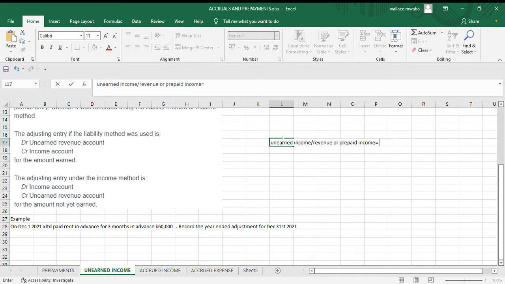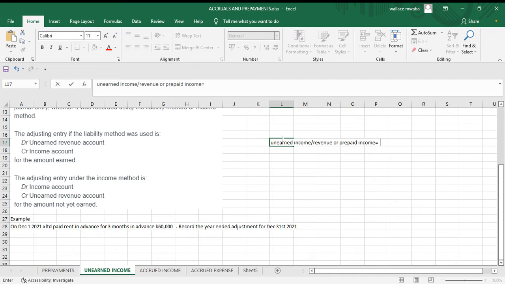This is when we receive money in advance for the goods and services that we give to our customers. Now, this money which we receive in advance is a liability to us, because if something had to happen, we're going to owe our customers the money which they have given us. So this is a liability.